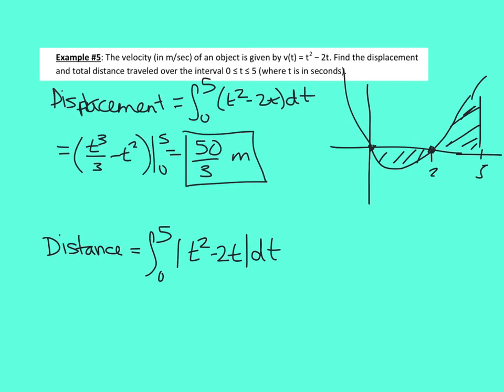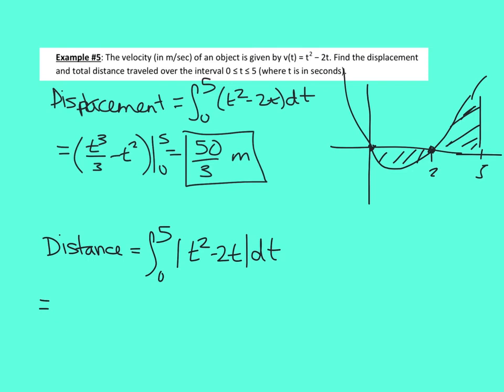The distance, unfortunately, you have to do a little bit of work before you can actually take the integral. So what we're going to do is split this integral into 2.